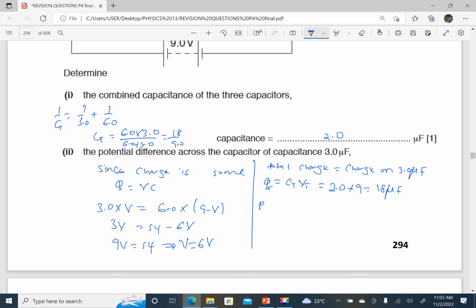So the PD across the capacitor is going to be charge divided by the capacitance. Now we are looking at total charge because it is the same as the charge on the 3 microfarad since it is in series. But then for capacitance, we shall consider the 3 microfarad capacitance. So this is going to be total charge, which is 18.